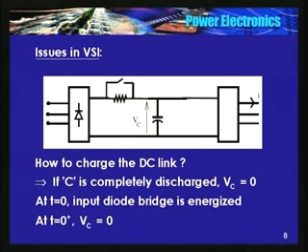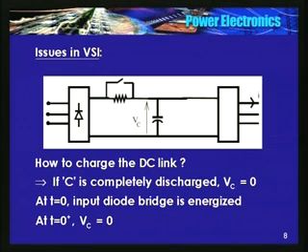Now the question is, how do I charge this DC link? At t equal to 0, assume that the capacitor is completely discharged. Okay, so capacitor voltage cannot change instantaneously, and you have energized the uncontrolled bridge with the 3-phase supply.